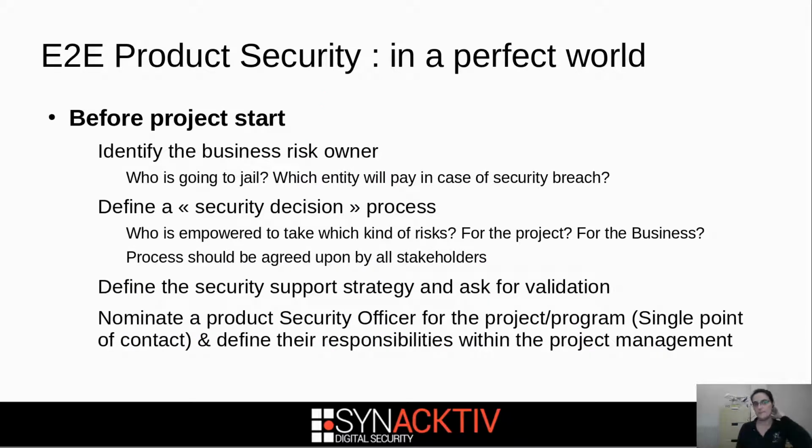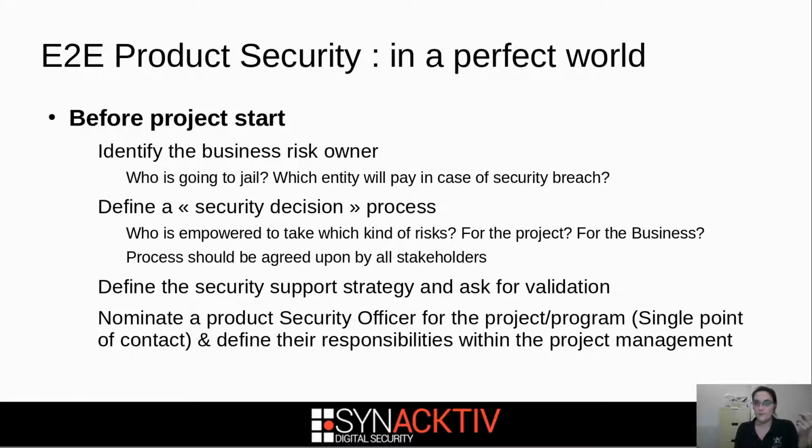So just before the project starts, someone has an idea, we want a new product, a C-level, the exec committee, I don't know, decides it's good, we're going to launch a new project. What should we do as a product security officer? You should identify what I call a business risk owner.